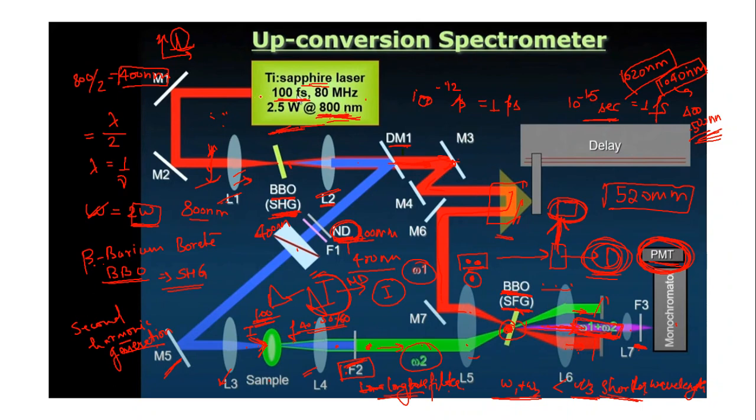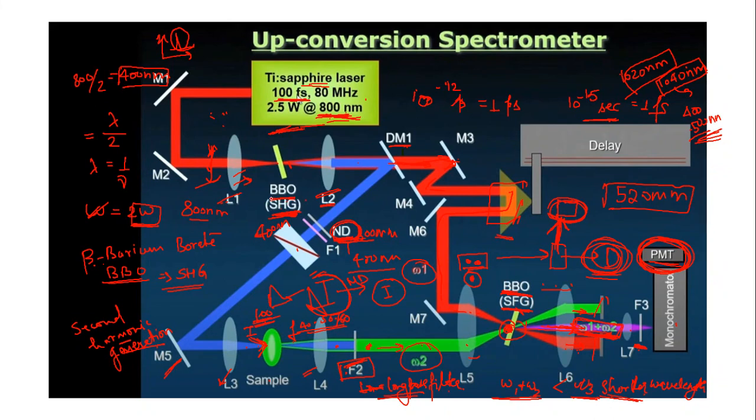So first, when the light leaves the source, it is reflected by mirror M1. Mirror M1 reflects this light to M2, and from M2 the light goes to lens L1, which, as you can see, converges the light beam, and from there the beam goes to BBO, beta barium borate.